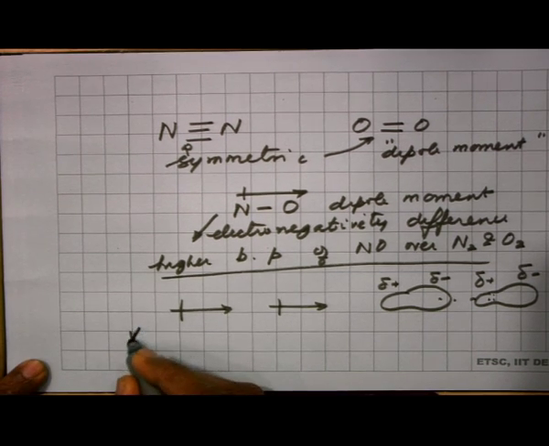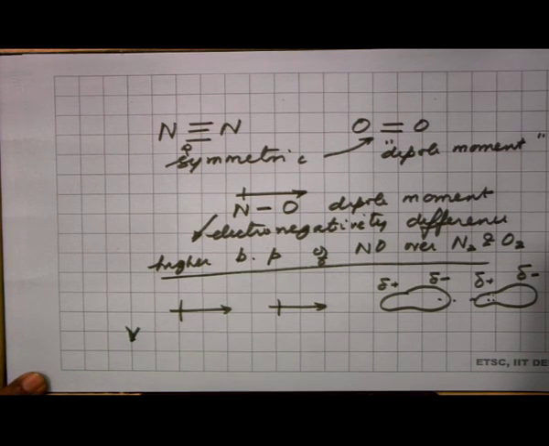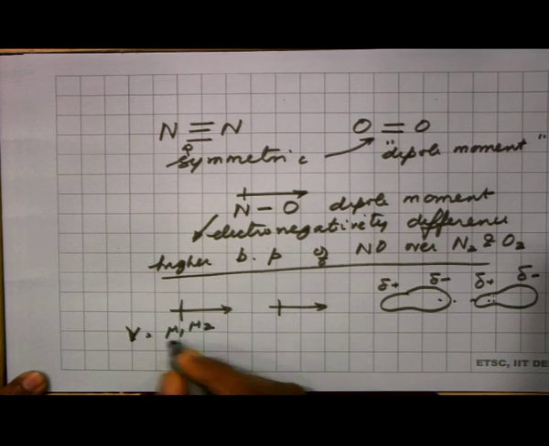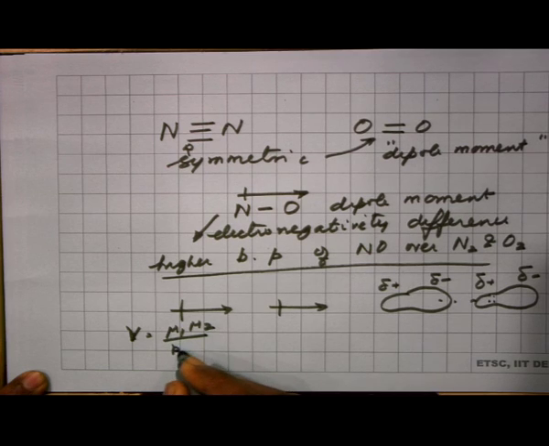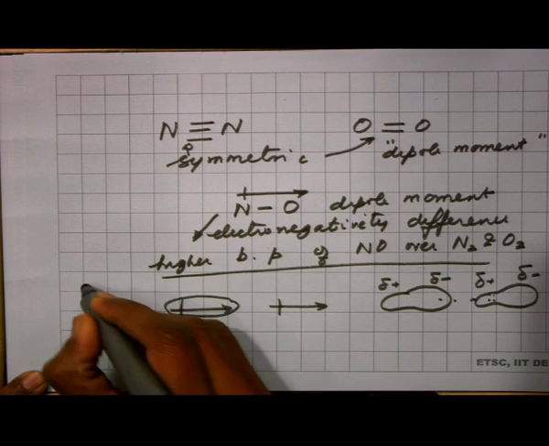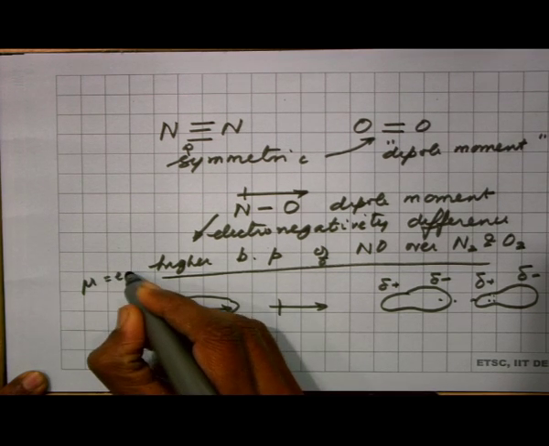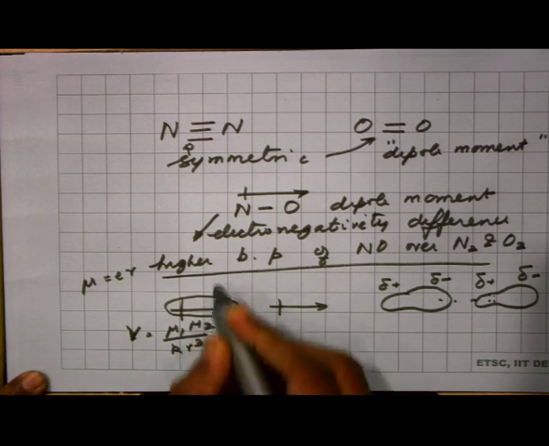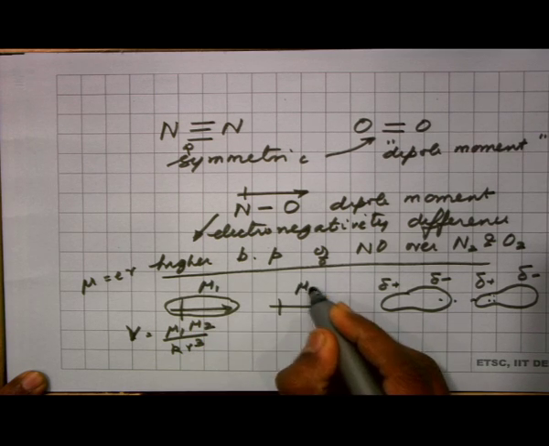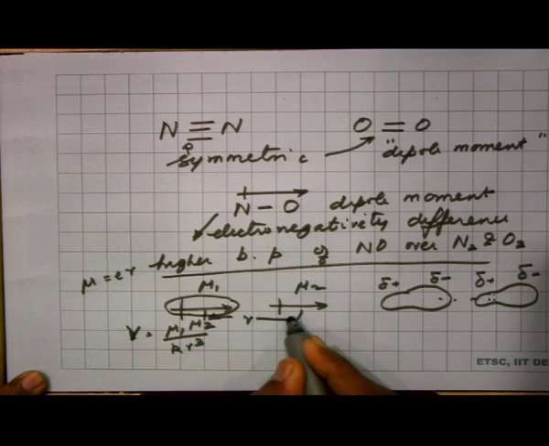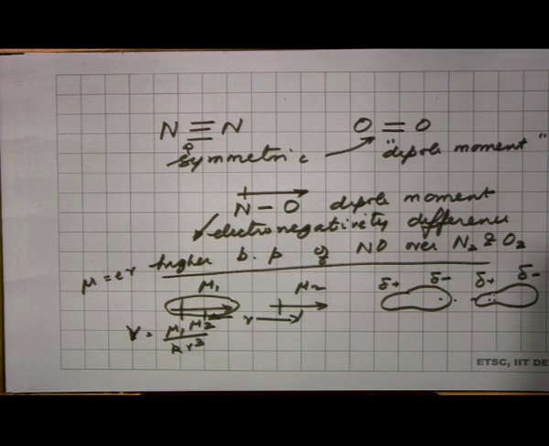This interaction energy, if the two dipoles were static, is given by mu 1 mu 2 over some k r cube, where mu is the dipole, which is e times r. So, that is the dipole, and we are saying this is mu 1, this is mu 2, and r is the distance between the two dipoles.